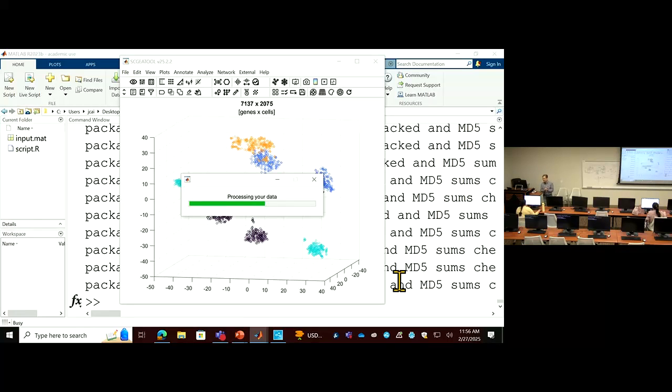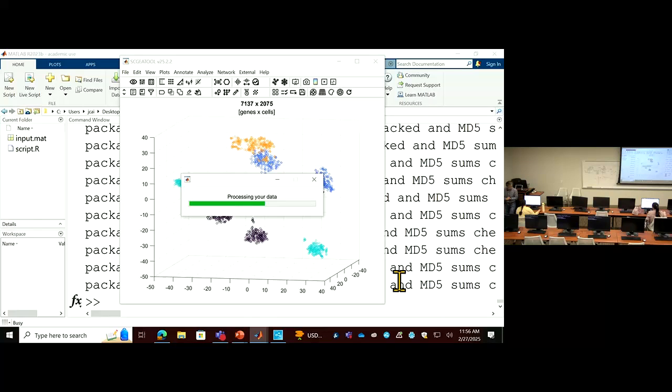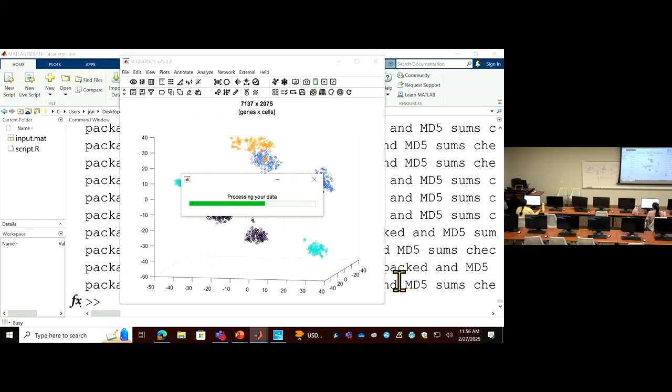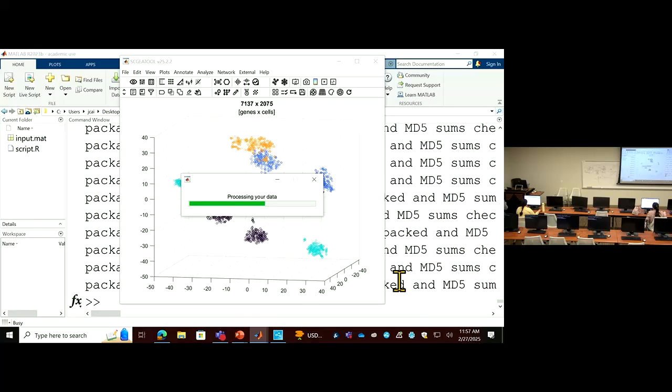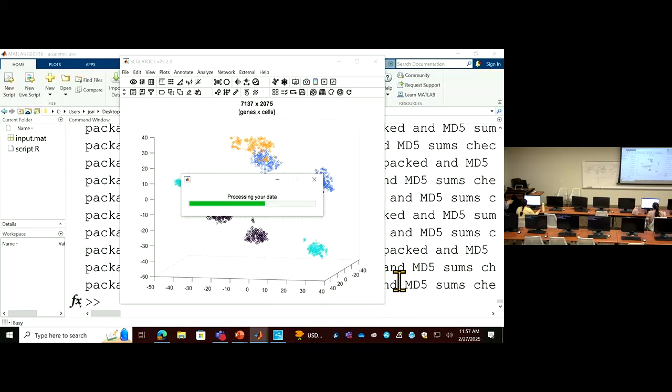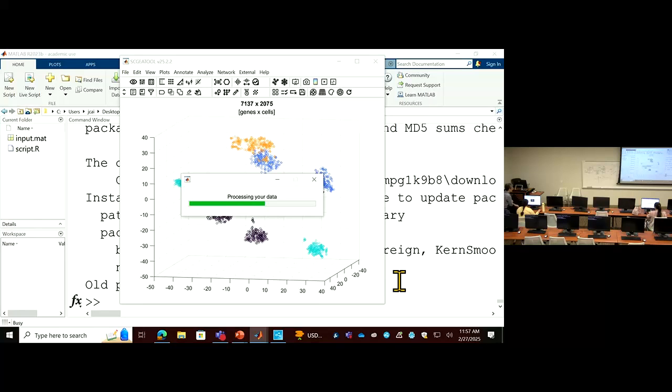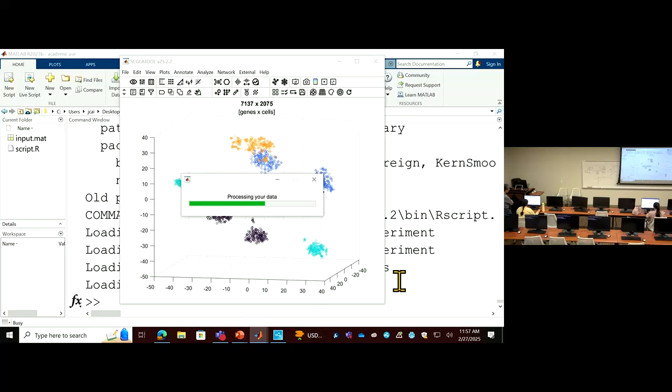You still. So I got the R stuff to load. Yeah. So now it says, connecting it back to MATLAB, right? Yeah. You can start from here and then load. You don't even have to load.